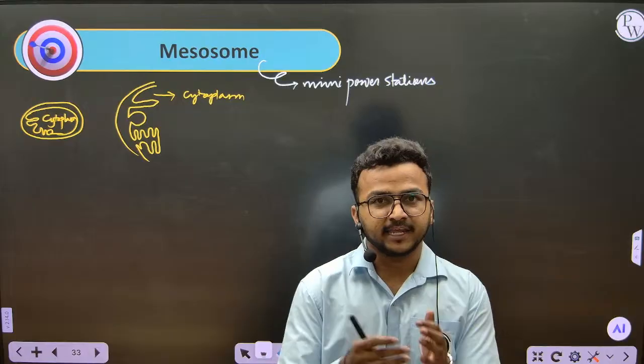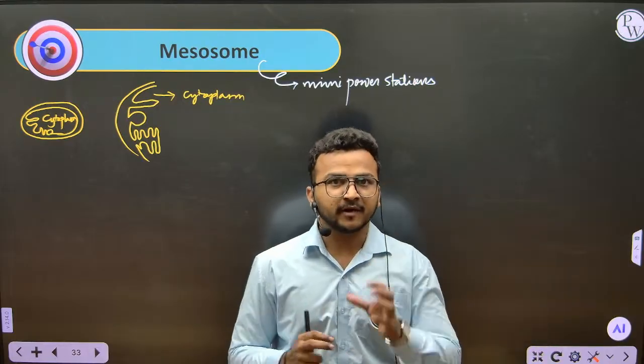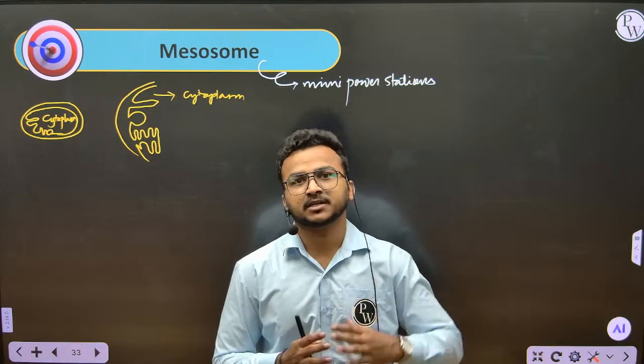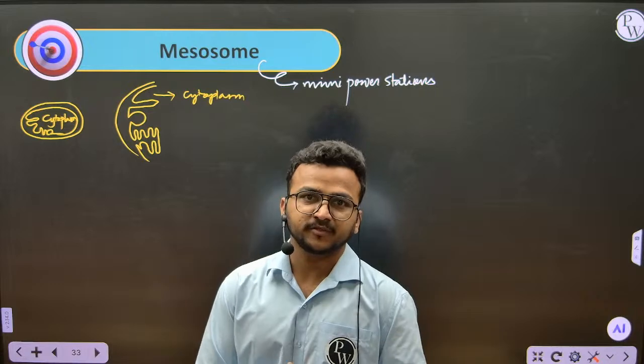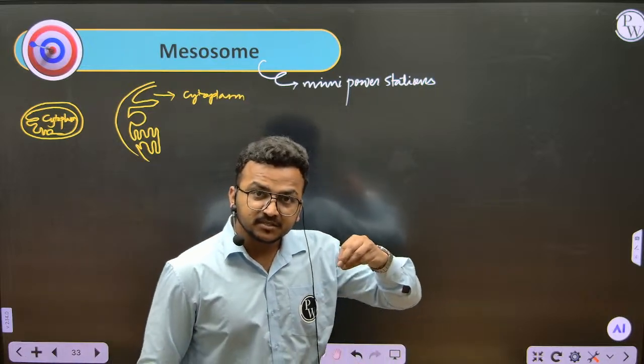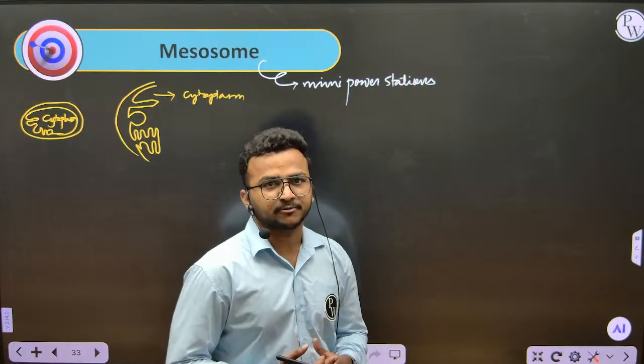Like in eukaryotic cells, in the cells of our body, mitochondria are there. We call them the powerhouse of the cell, which is where the cell extracts energy. The energy production takes place there.